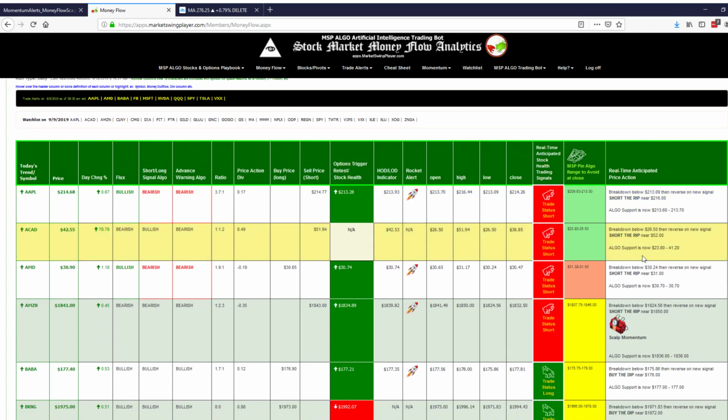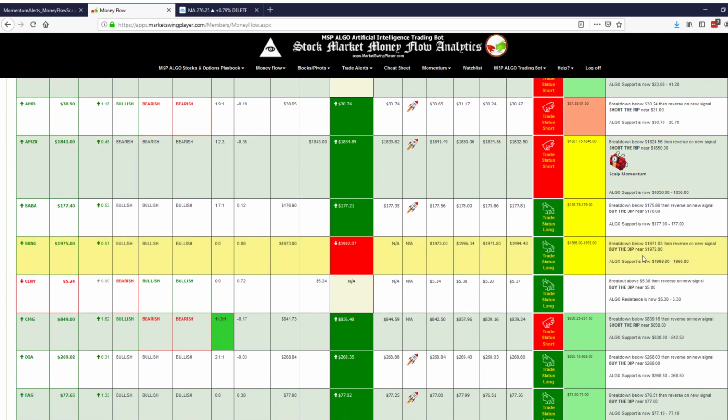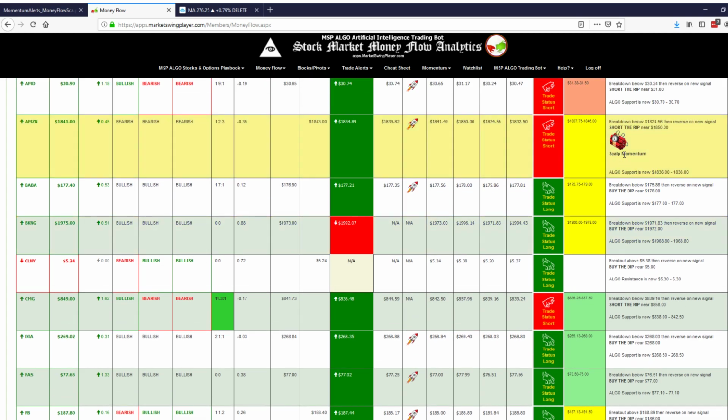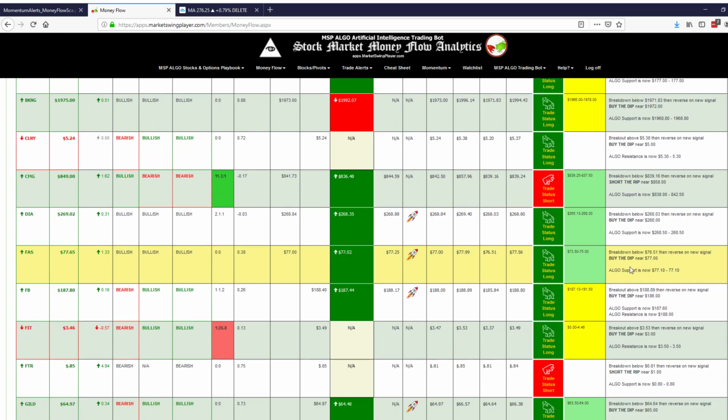Now let's look at another trade that did not have a dynamite icon for scalp momentum. The only thing this means is momentum. These alerts are still applicable.